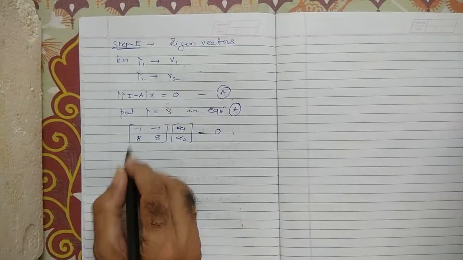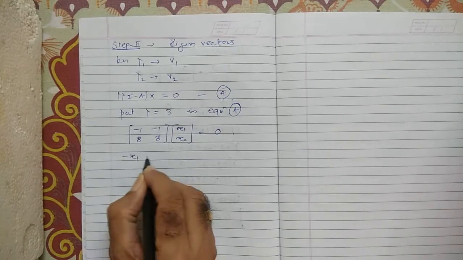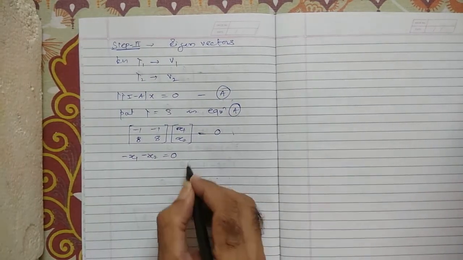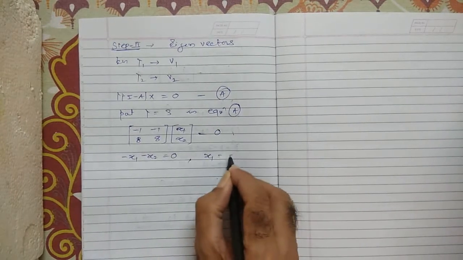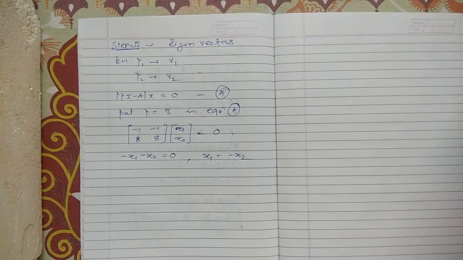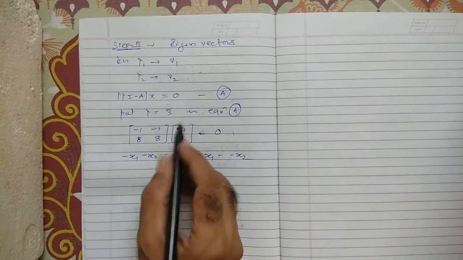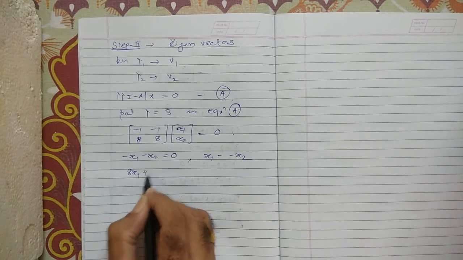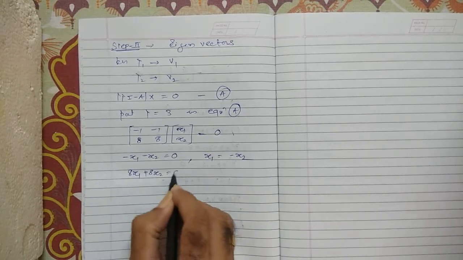After solving these we get minus x1 minus x2 equals 0. So we can write x1 equals minus x2. And from the second equation we get 8x1 plus 8x2 equals 0.